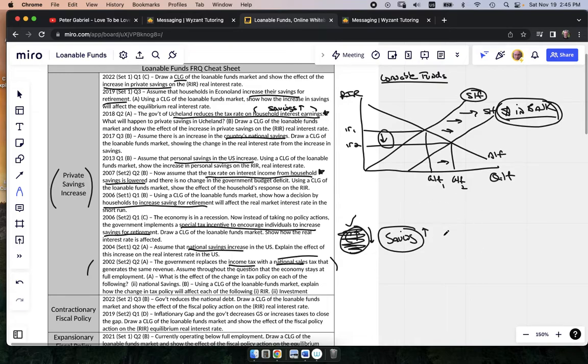You should just recognize here that anytime real interest rates go down, for some reason this seems to slip by, investment is people taking out loans to produce capital goods: factories, tools, equipment, whatever. So my question to you would be, would you rather borrow money at 20% or 2%?